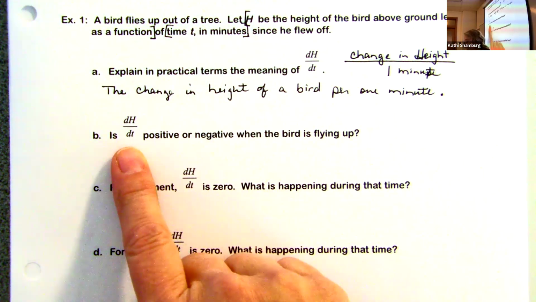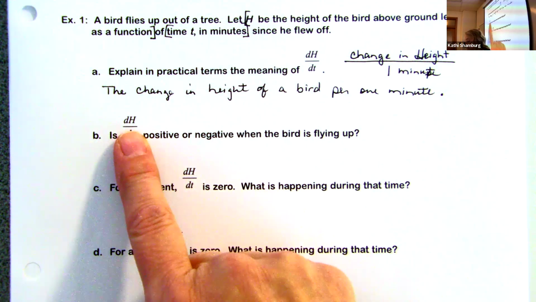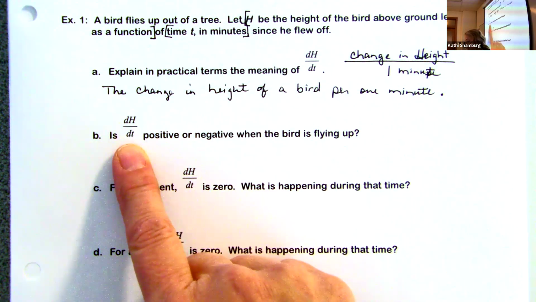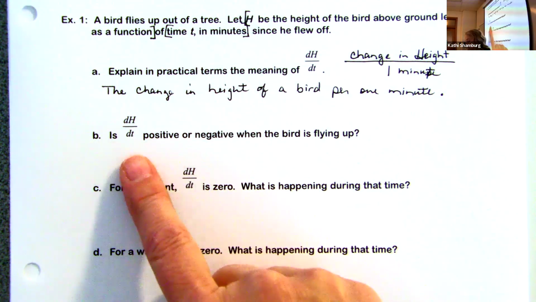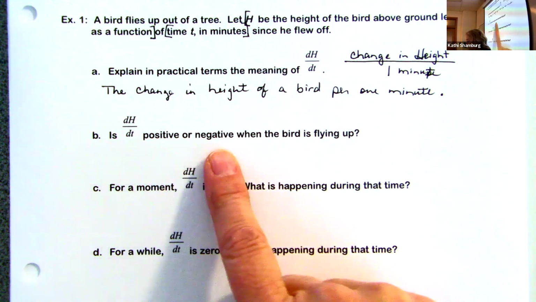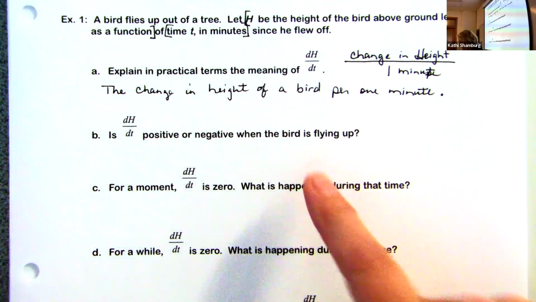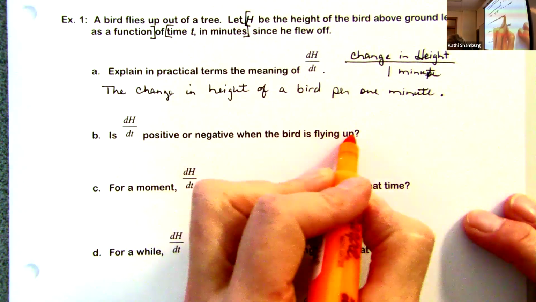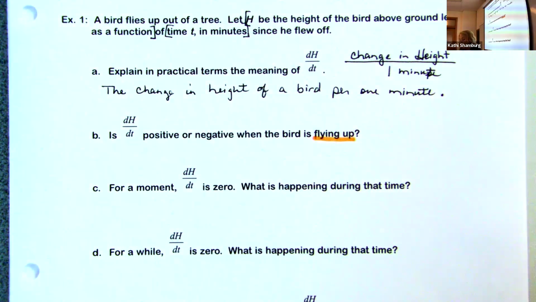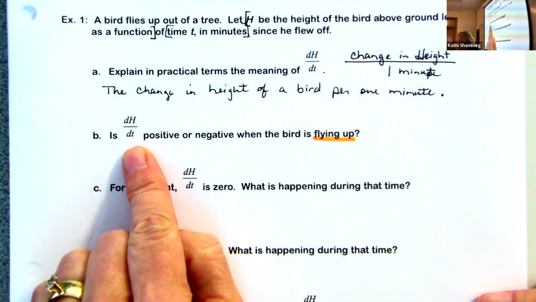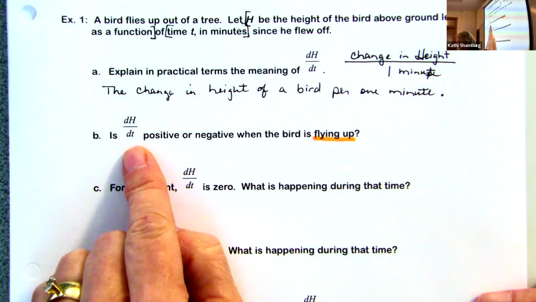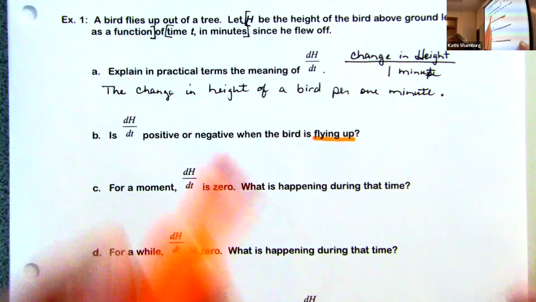So if dH/dt, the change in the height of the bird per 1 minute, is that going to be positive or negative when the bird is flying up? So the bird is flying up. So will that change in height per minute be a positive or a negative? Positive. Okay, it will be positive.